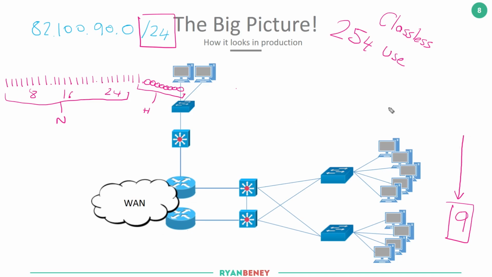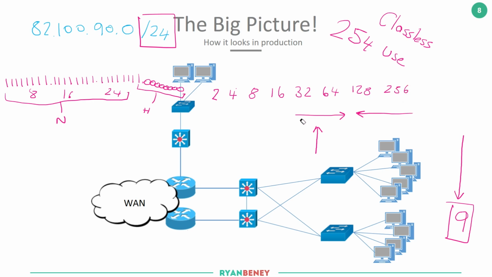Now, if we're trying to subnet based on host requirements, we go from right to left. And if we're subnetting based on network requirements, we go from left to right. In this case, because we're doing network, we're going to use the left to right. So, doing our powers of 2 from left to right, we've got 2, 4, 8, 16, 32, 64, 128, 256.